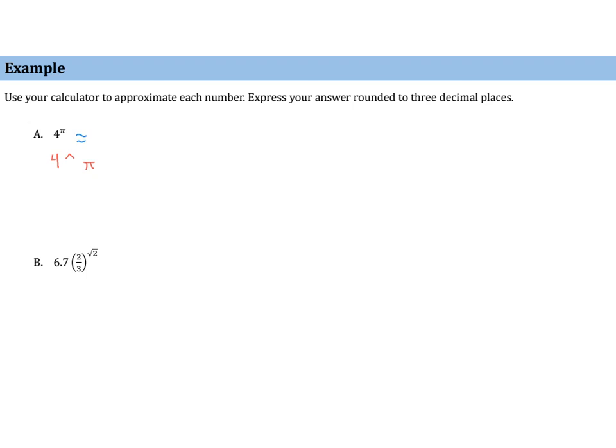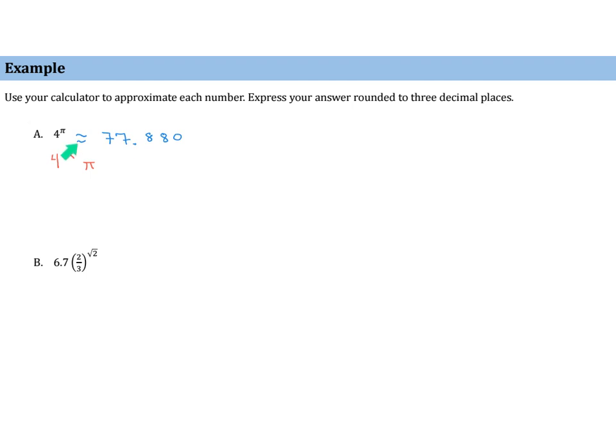We're supposed to round to 3 decimal places, so we have 77.8802, so on and so forth, but we only need 3 decimal places, so let's look at our rounding rules, and so 0 would remain, and so our answer is 77.880.